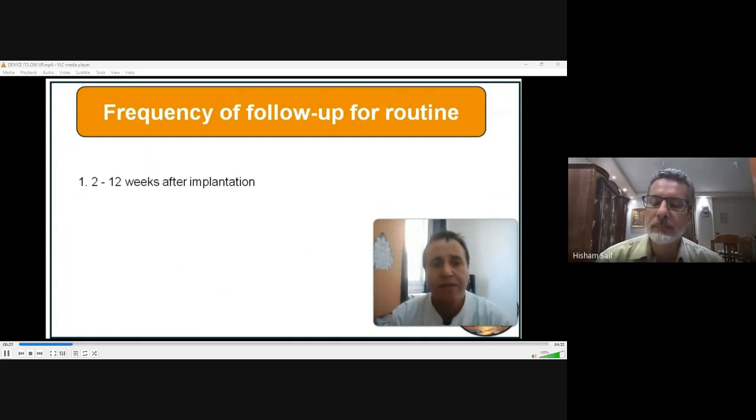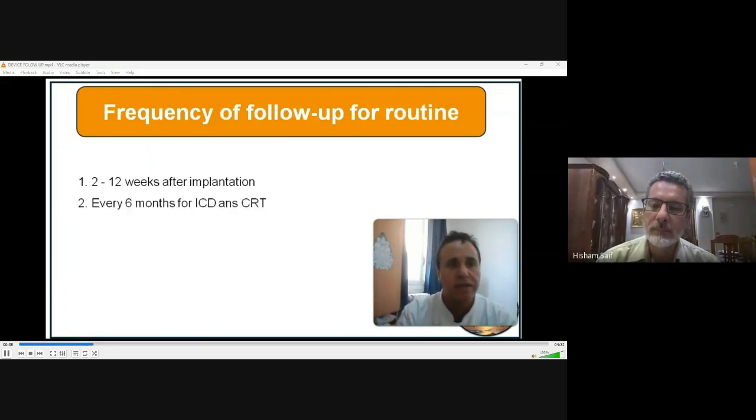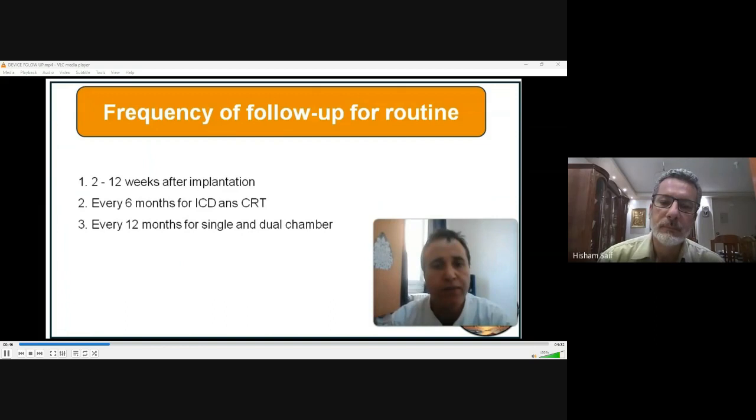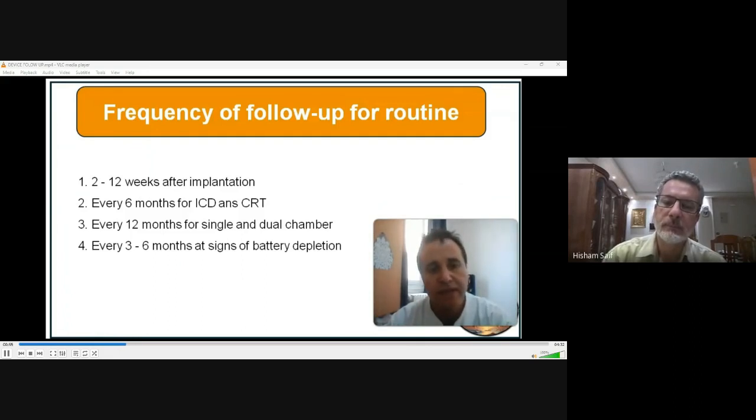It is recommended to do the device interrogation between 2 and 12 weeks, then every 6 months for ICD and CRT, and every 12 months for single and dual chamber. If there are signs of battery depletion, we must interrogate the device every 3 to 6 months.